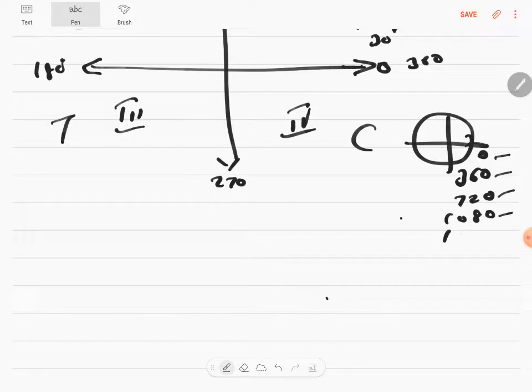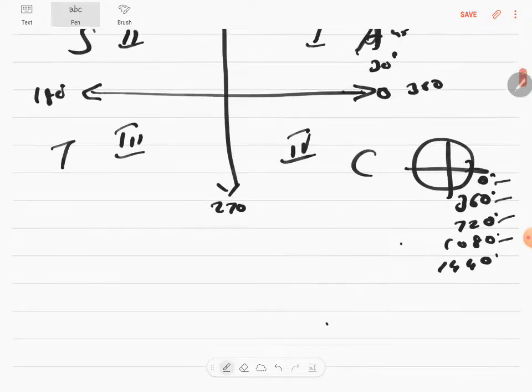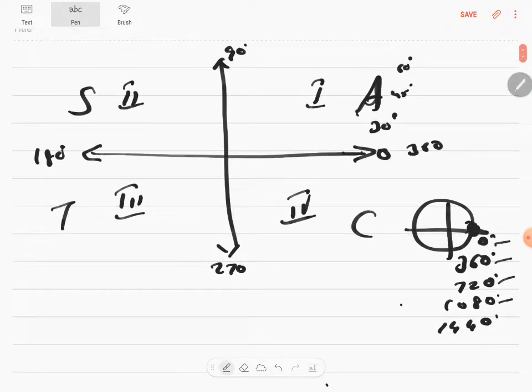So you should know that for every complete revolution, it is 0 degree, 360 degrees, 720, 1080 and 1440 degrees when the clock comes again to the same place.